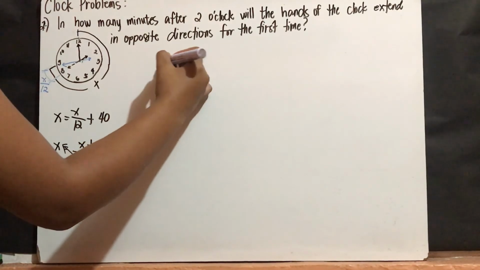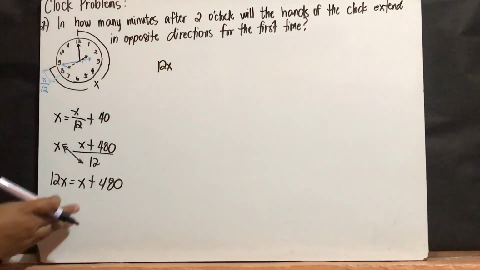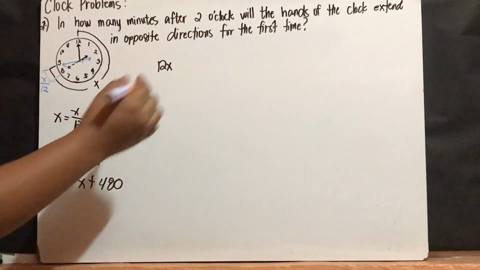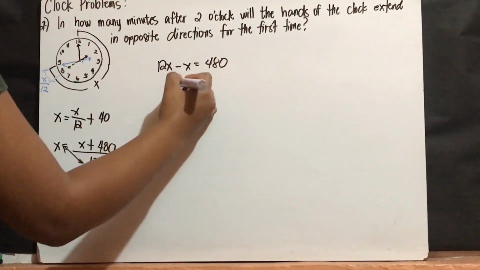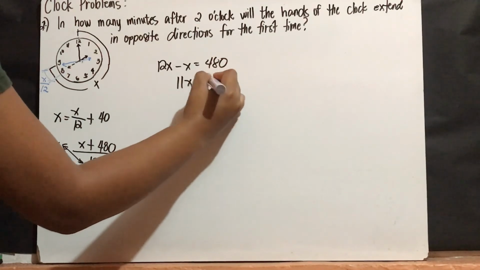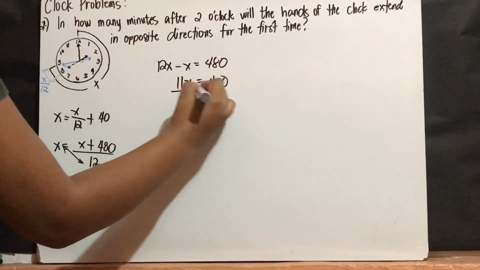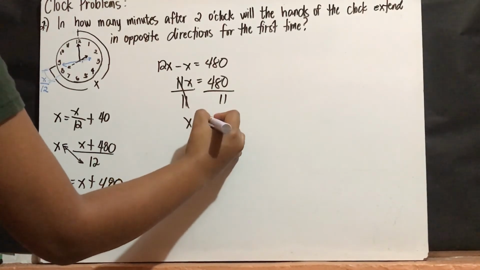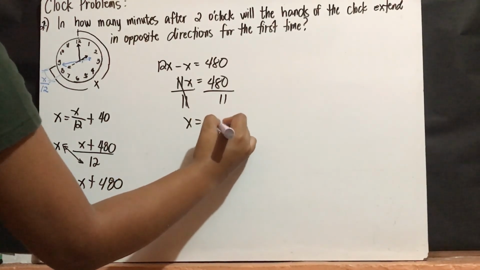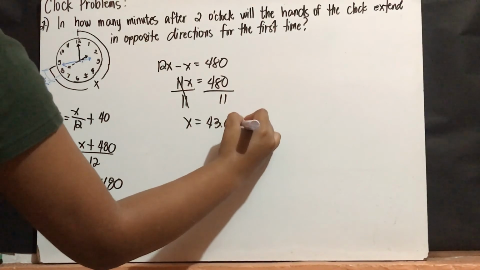And then we have 12x. Transpose natin si positive x to the left side. We have 11x equal to 480. And then dividing both sides by 11, so your x is equal to 43.6 minutes.